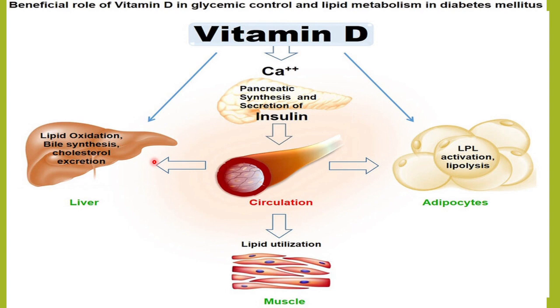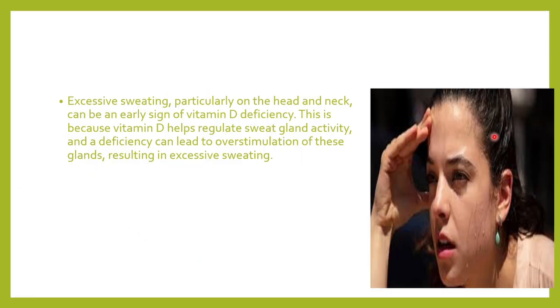There might be poor glycemic control, or worsening of their glycemic control. Such things can also happen whenever the patient has low vitamin D. Excessive sweating also can be one of the symptoms, particularly excessive sweating of the head and neck region, because vitamin D regulates sweat gland activity, and deficiency of vitamin D can lead to overstimulation of the sweat glands, and that can cause excessive sweating.